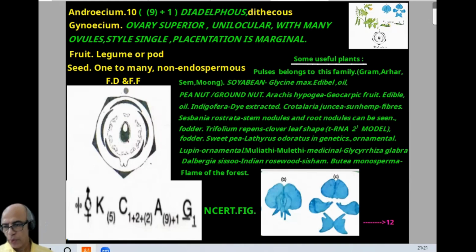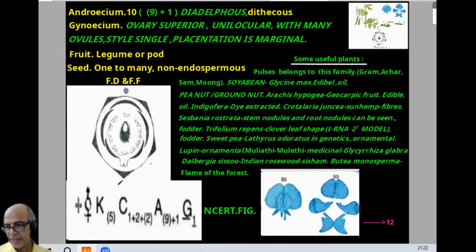Now floral diagram and floral formula. Here it is not actinomorphic, it is zygomorphic due to vexillary aestivation. Bisexual is right. K5 united. Here you can find the union. C 1 plus 2 plus 2, united. That is the petals, and the arrangement is called vexillary aestivation.